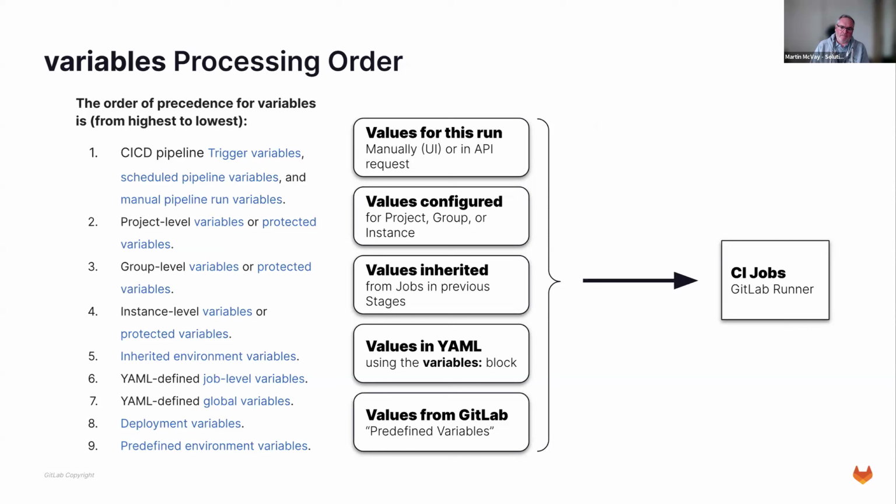Then any values that have been inherited from jobs in any previous stages. Then we evaluate anything that's in the variables block in the YAML, and then any predefined values from GitLab. As a result of this sequence, we'll end up with the right values of the right variables at the right location in the CI file itself. So that's important to bear in mind.